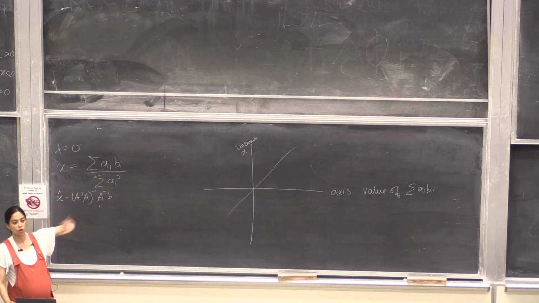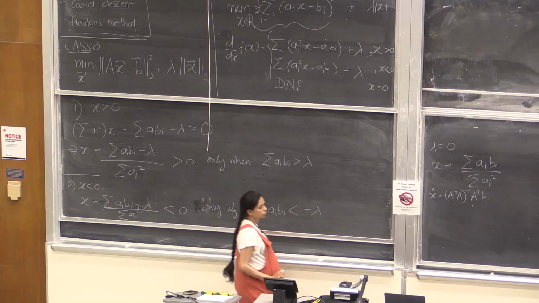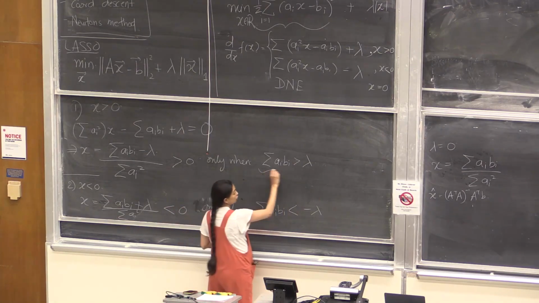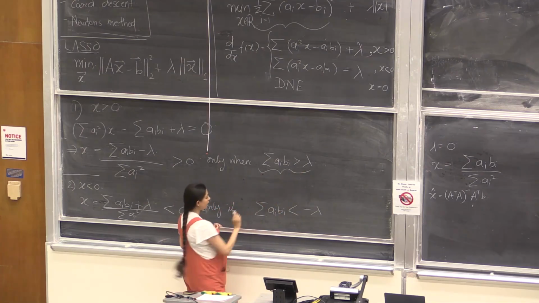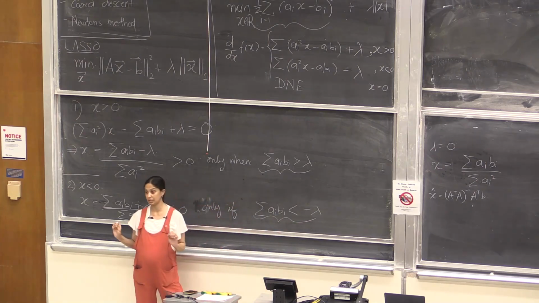Okay. So now I want you to think about this for two cases. We have solutions in the case where sigma ai bi is greater than lambda, and the case where sigma ai bi is less than minus lambda.